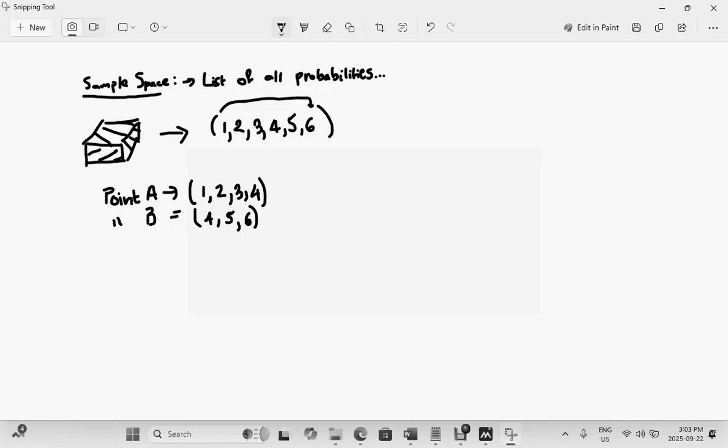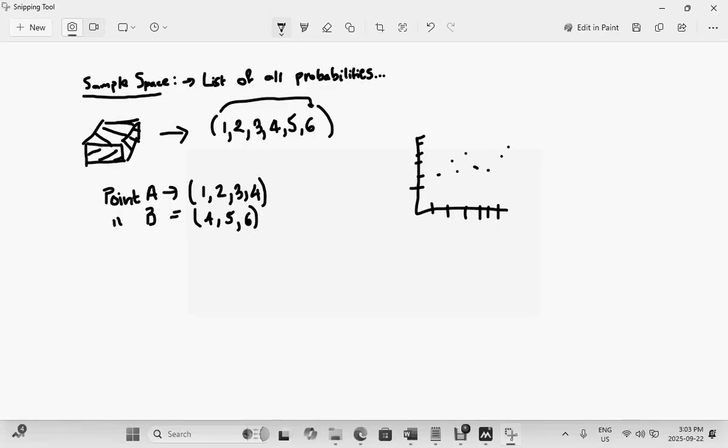And let's say these are points on a graph somewhere over here. Let's say 1, 2, 3, 4, 5, 6, and you'll have points somewhere over here, and so on and so forth.